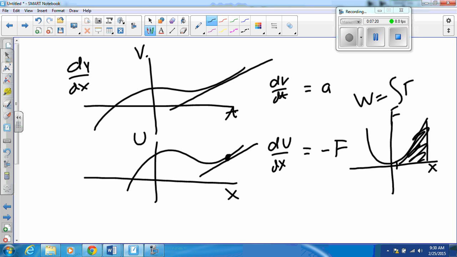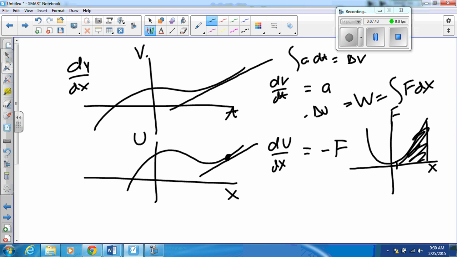So physicists in the real world think of work as the integral of force times distance, which is going to be the opposite of the change in the potential energy of an object. Or, if I reverse this process, the integral of acceleration is going to give me the change in velocity.